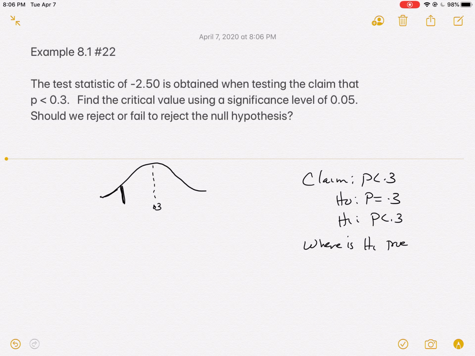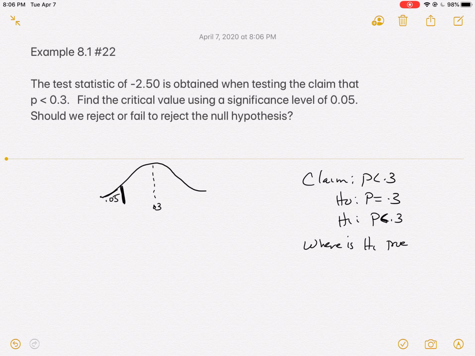H1 is going to be true for values that are really, really less than 0.3. So this is what we'll call a left-tailed test, like we've seen in earlier videos. If you notice, the arrow in the inequality in the alternate hypothesis will point to the side that you should drop it on. And so this is 0.05 right here.